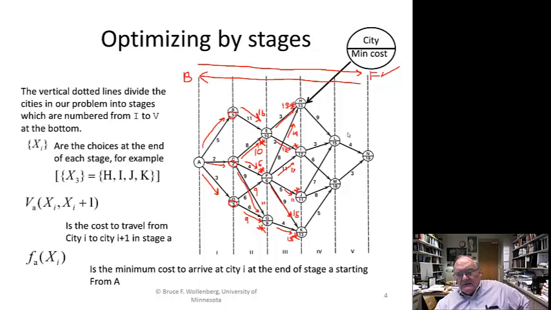And the idea is now I'm going to go to the next stage, and I don't care what I did back here to get to these cities. All I need to know is what that number is. How much did it cost me to get there? How much does it cost to get to the next stage? So here is 13 and 9, or 12 and 3.